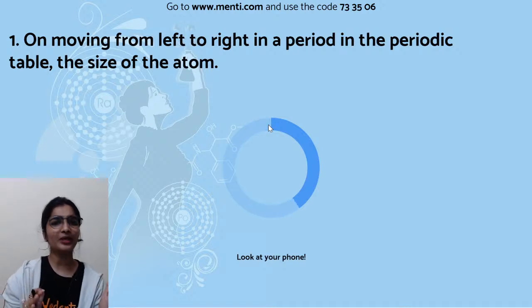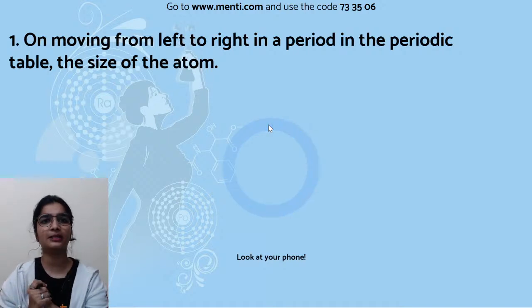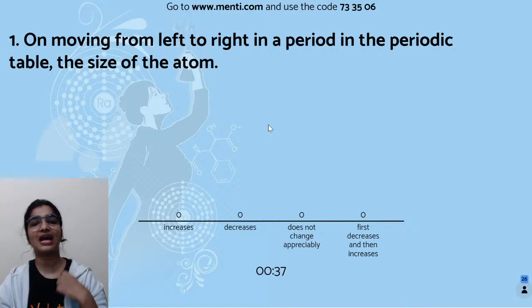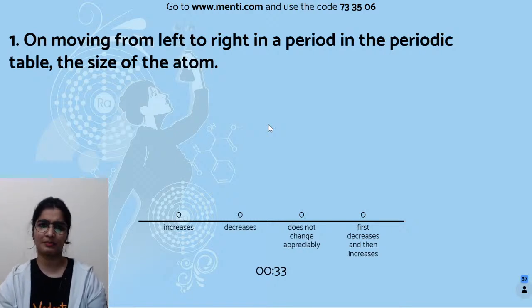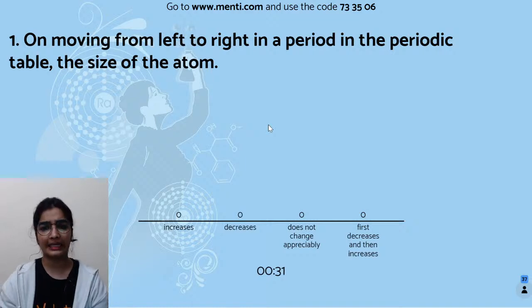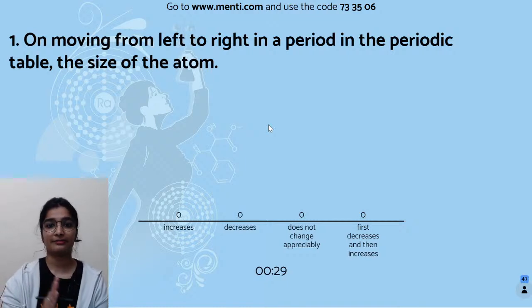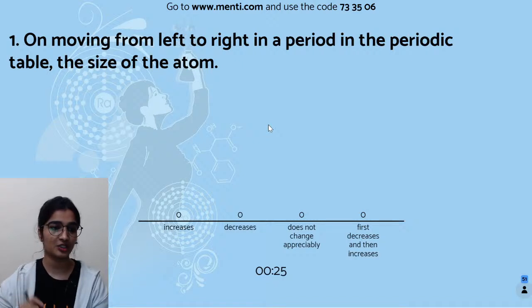On moving from left to right in a period in the periodic table, the size of the atom increases, decreases, does not change appreciably, or first decreases then increases. Left to right in the periodic table, what will happen to the size of the atom?